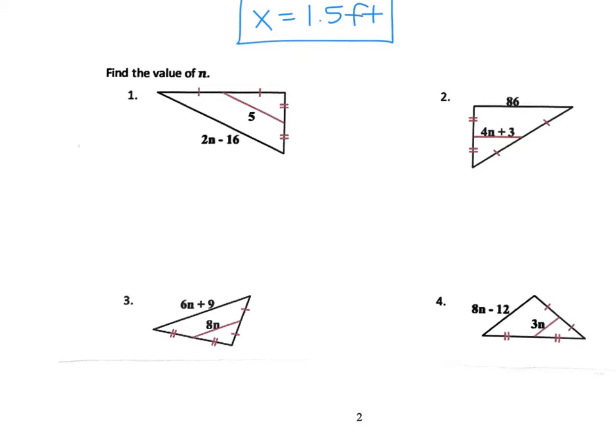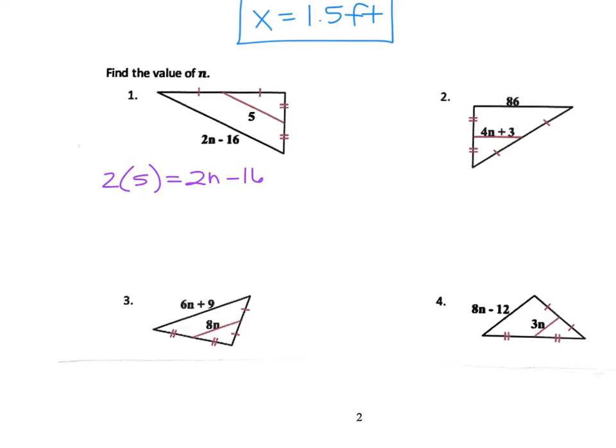Okay, you do number 1 here. Work that out, see what you get. Do you have an answer? What'd you get? 13. Okay, so two ways you could set this up. Tell me one of the ways you set it up. Two times 5. Okay, yeah, so you could double the 5 and set that equal to 2n minus 16.